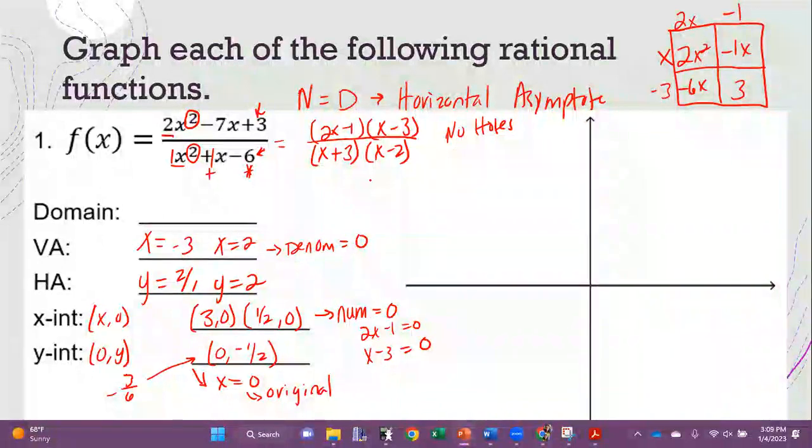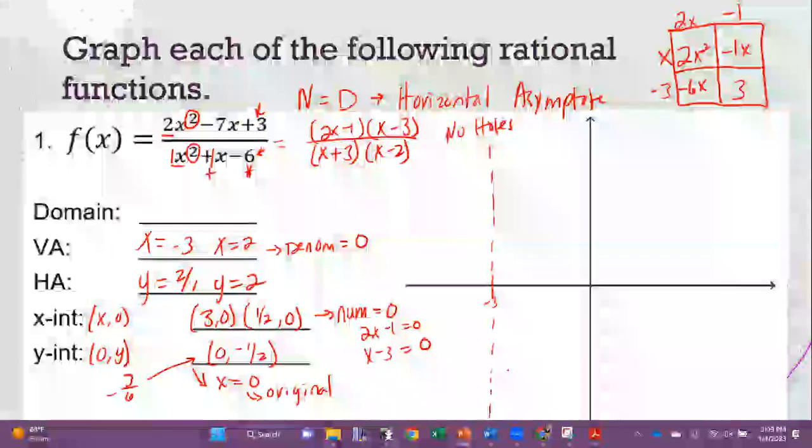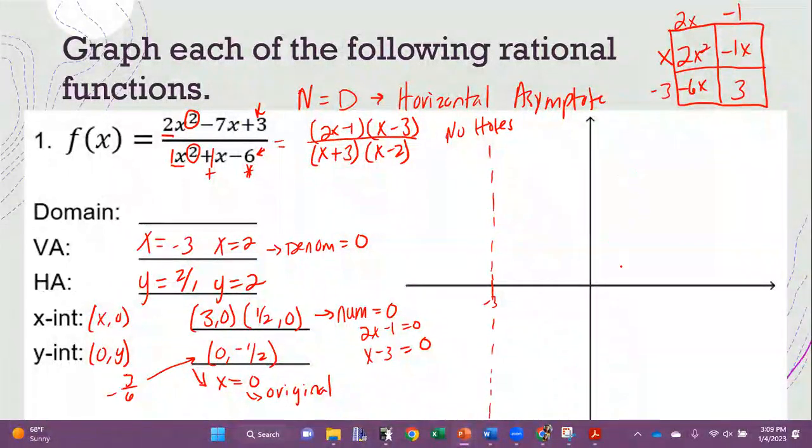All right, now you have every tool that you need in order to graph. So the first thing you're going to do is graph your asymptotes. I have a vertical asymptote at -3. I'm going to call this -3. Notice I gave you unnumbered graphs so that you can put it in there. I have a vertical asymptote at 2. I'm going to call this 2.